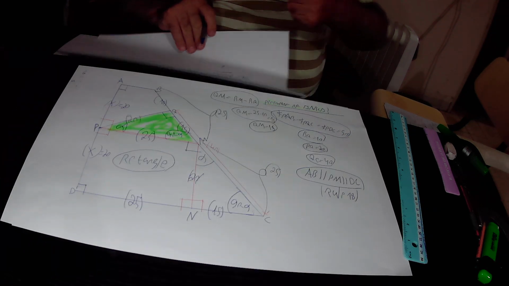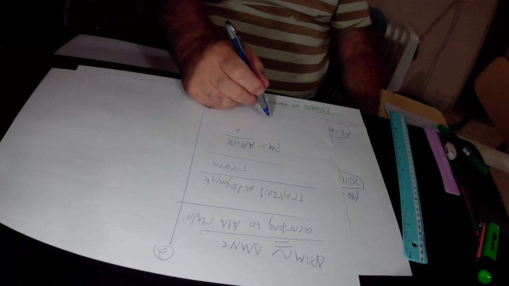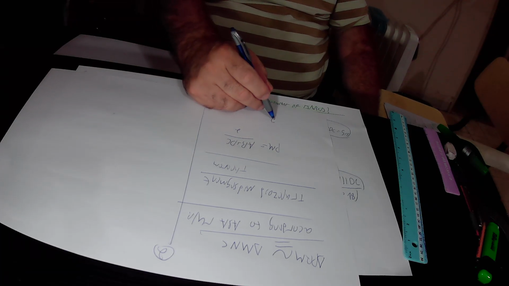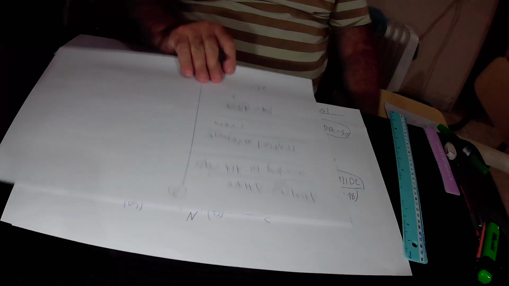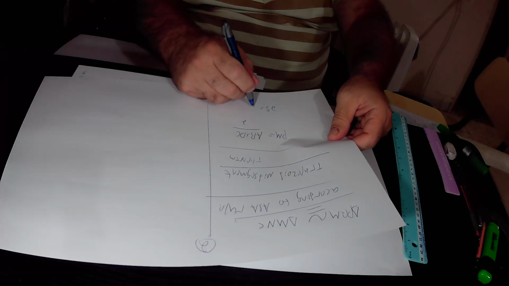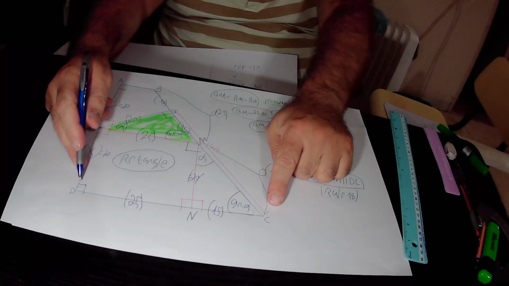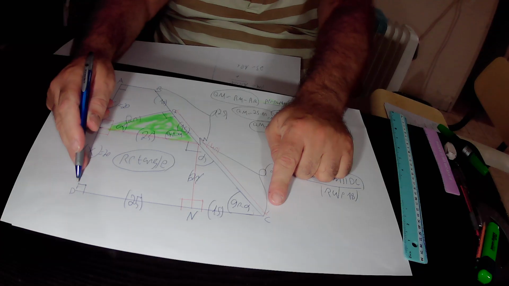We already found out that PM equals 25, so we'll substitute PM by 25. That is the mid-segment of trapezoid ABCD, and it equals AB. AB is the missing side, so we'll leave it as it is. So it is AB plus DC. DC in total equals DN, that is 25, plus NC, that is 15.